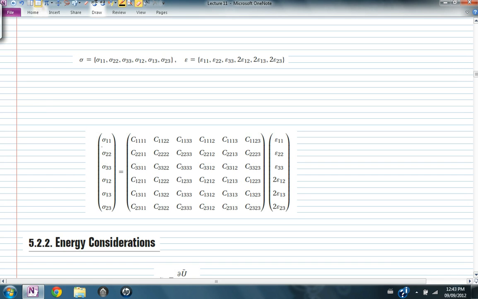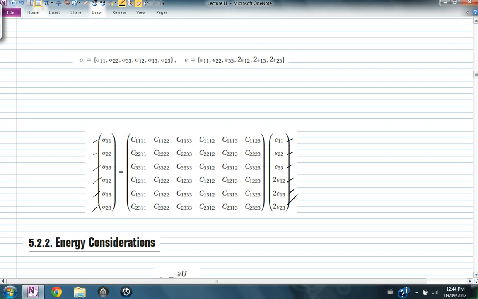Then we can replace this relationship with a simplified version, only for the sake of the constitutive relationship, by viewing the stress as a vector of 6 components: sigma 1, sigma 2, sigma 3, sigma 1,2, sigma 1,3, and sigma 2,3, and the strain as 6 components, and we're only left with the independent components that we have.